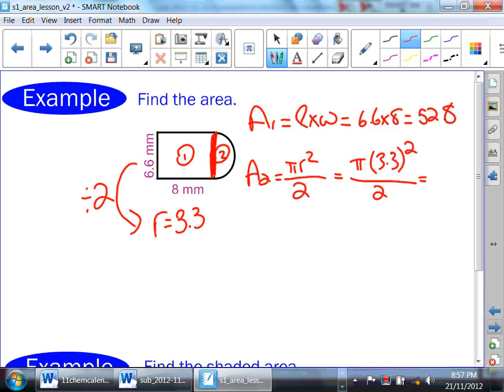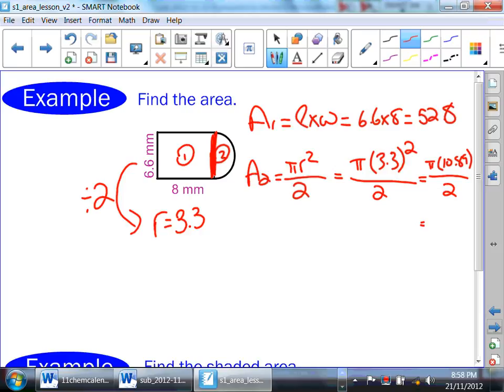So now what we're going to do is we're going to figure out what this is. So to do this, we're going to do 3.3 squared first. We get 10.89, so we get pi times 10.89 divided by 2.